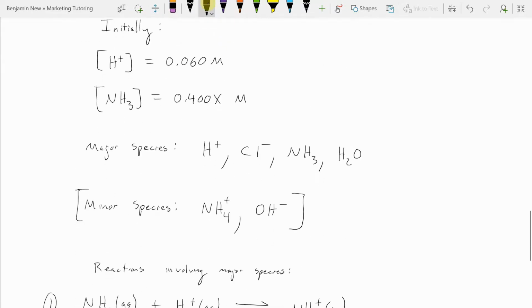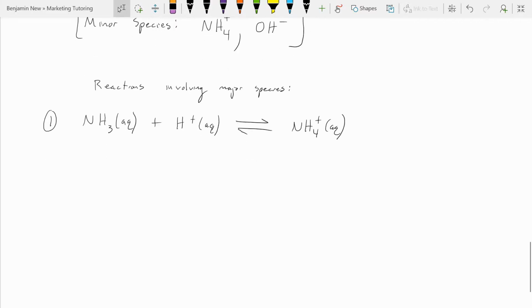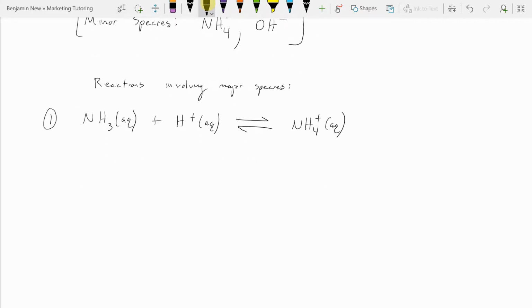Another reaction, since among the major species we have water as well. And actually the equilibrium expression for this reaction, if I were to write the Ka for the ammonium ion instead, since that's the acid, I'm not going to derive this for you, but it's the Kw divided by the Kb for the conjugate base, which is ammonia, which is what we know.